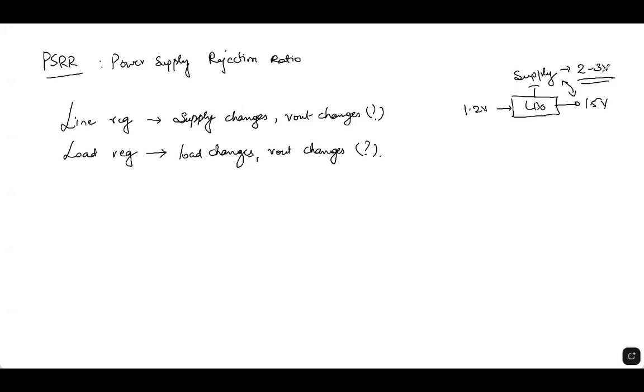In that case, some of the transistors may go out of saturation, because of which there could be accuracy loss. 1.5 may become 1.49, or it may become 1.6. It depends on how badly the transistors go out of saturation, or how badly the loop is no more working. So depending on that, you will see a huge variation when the supply is changing.